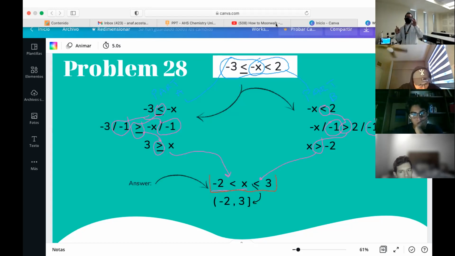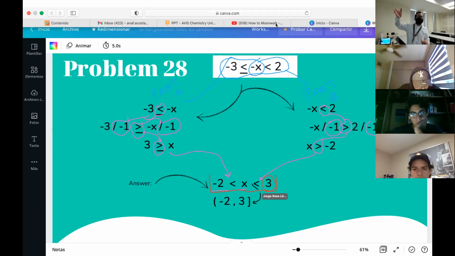What is the difference when the inequality has the equal and it doesn't have the equal? When it has the equal, it means we are including as a part of the solution the number that the inequality is referencing.